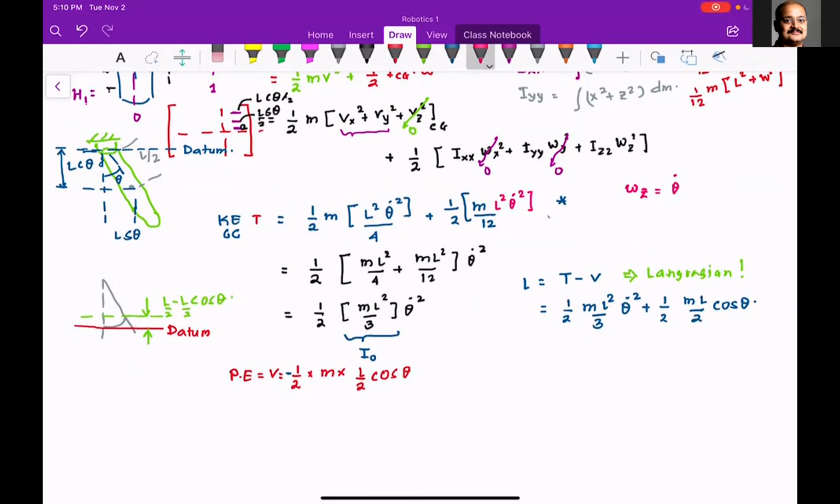But for my own satisfaction, I'm going to write down the Lagrangian equation of motion. What the Lagrangian does is d by dt of partial L by partial theta dot, minus partial L by partial theta, is equal to the external forces or the torques.